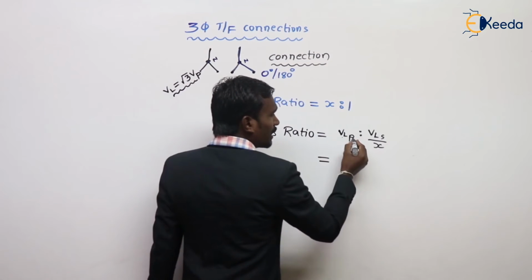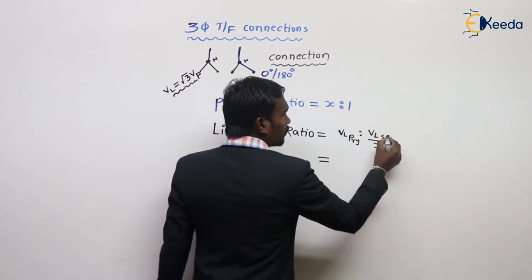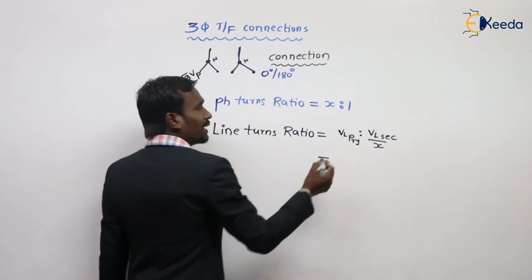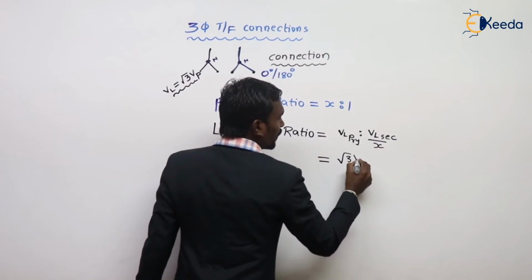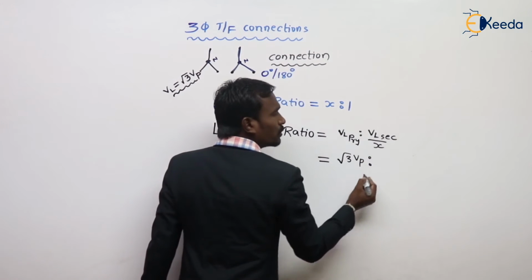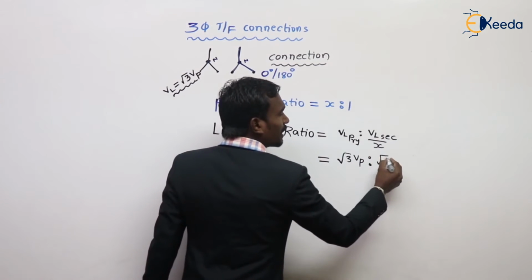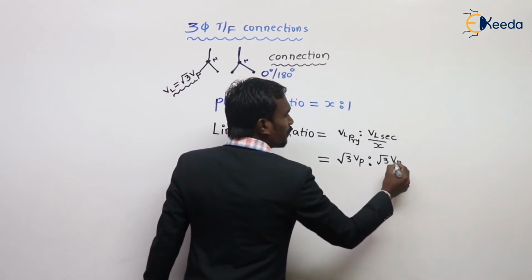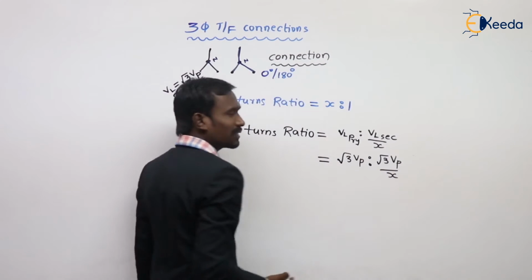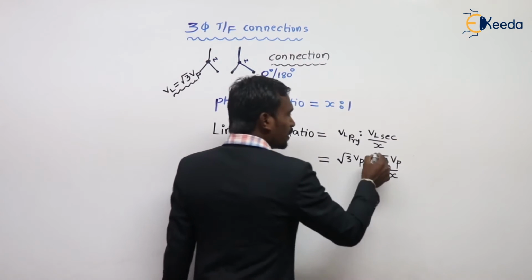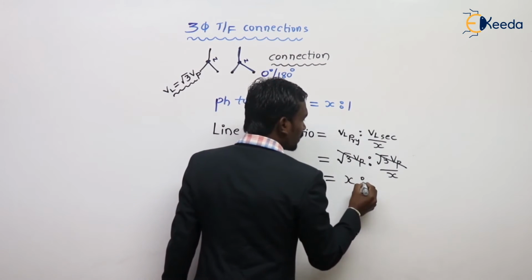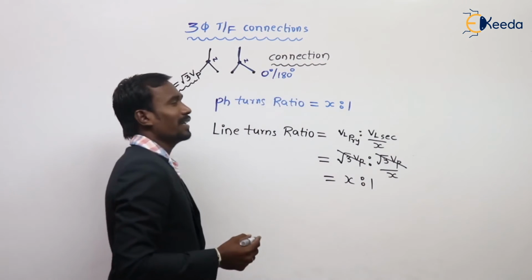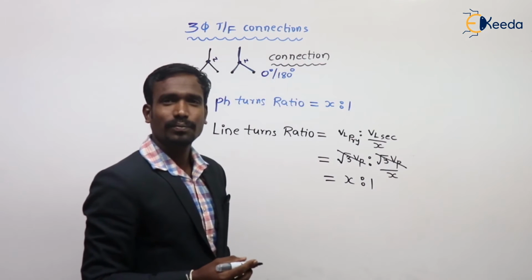So the line voltage of the primary is root 3 times phase voltage, to the line voltage of the secondary, which is root 3 times phase voltage upon X. These cancel out, and the line turns ratio is also X is to 1.